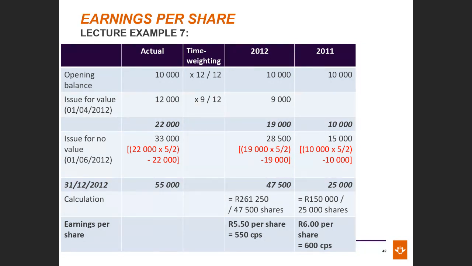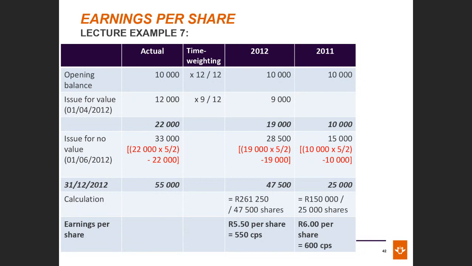That will give you 33,000 shares. This is the actual column here. When you're looking at the 2012 number of shares, we are looking at the total above here. Remember, the actual number is different to the weighted average number of shares we are going to use when calculating our earnings per share.